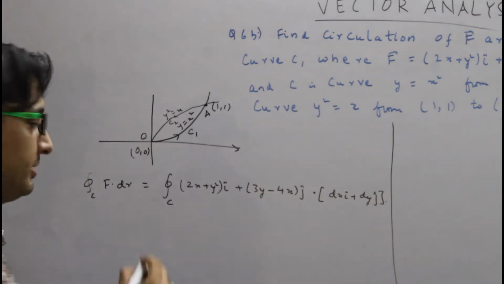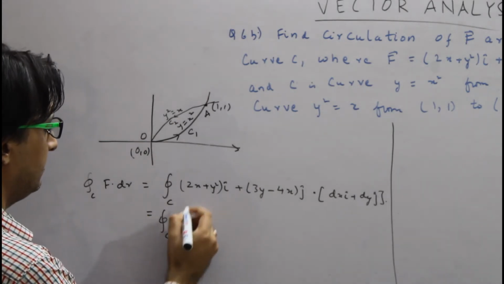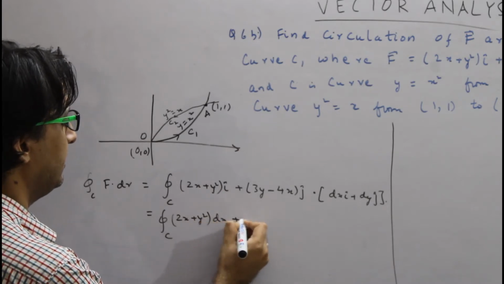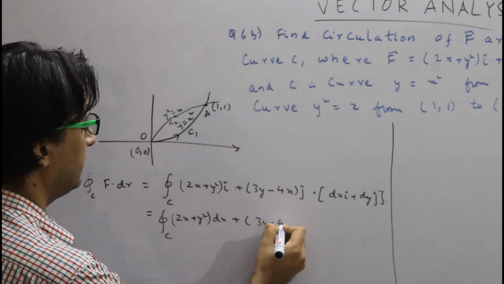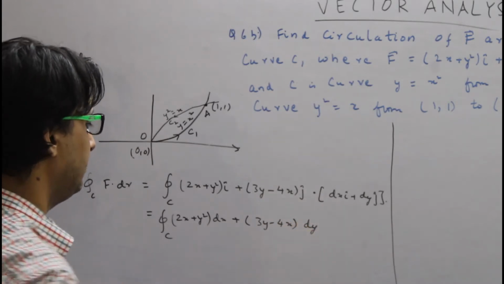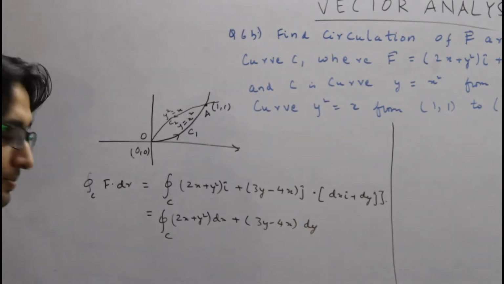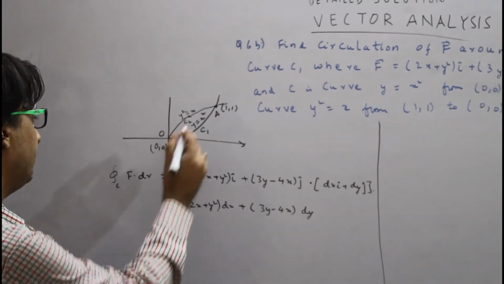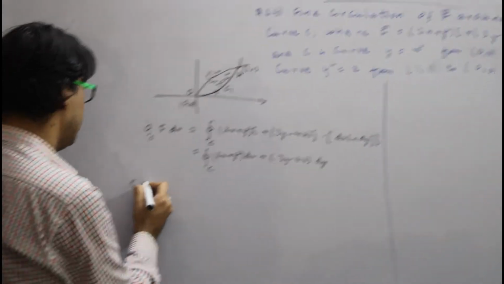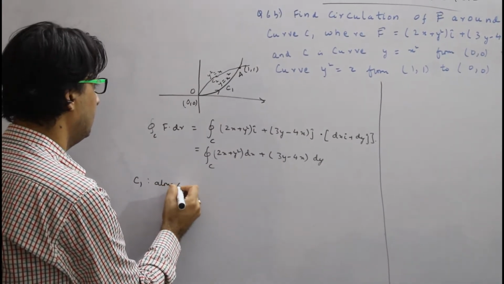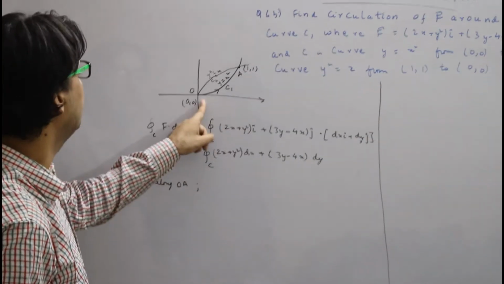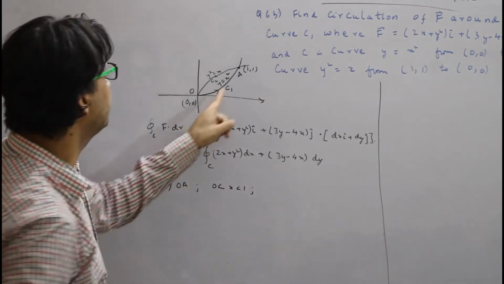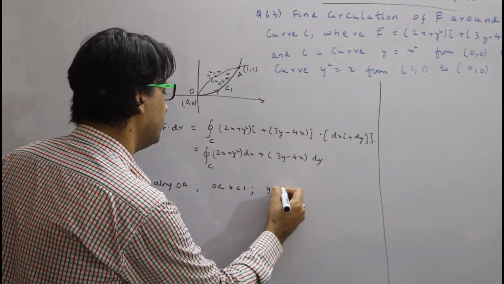So we can write this as (2x plus y square) dx plus (3y minus 4x) dy. Here we have to find the circulation. That means, first, for C1, that is along OA, x runs from 0 to 1, and the curve C1 is y is equal to x square.